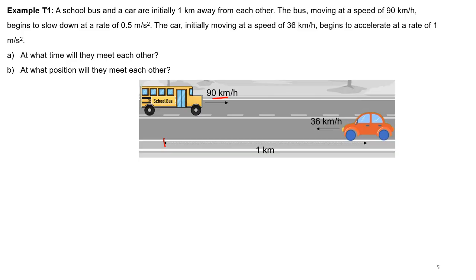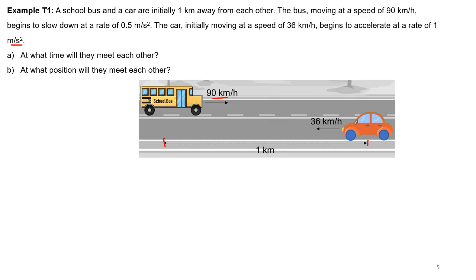So when the bus driver applies brake, the same moment the car driver is applying accelerator. So the magnitude of its velocity is going to increase at a rate of 1 meter per second square.